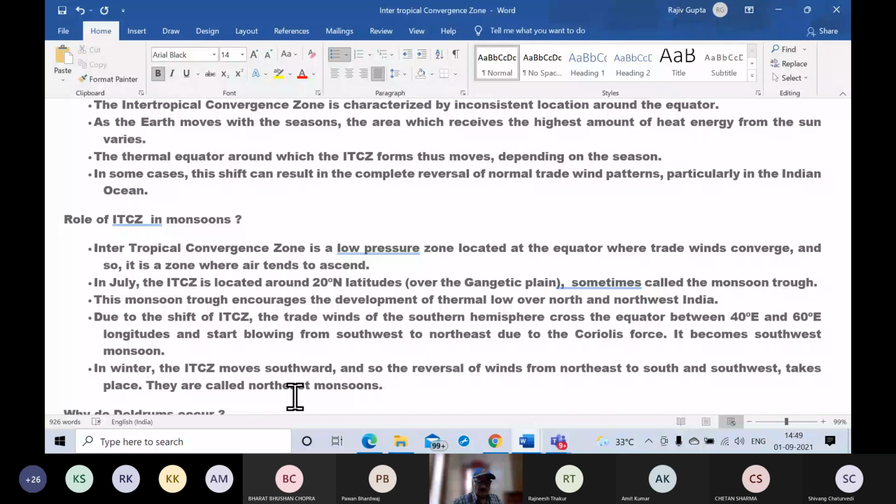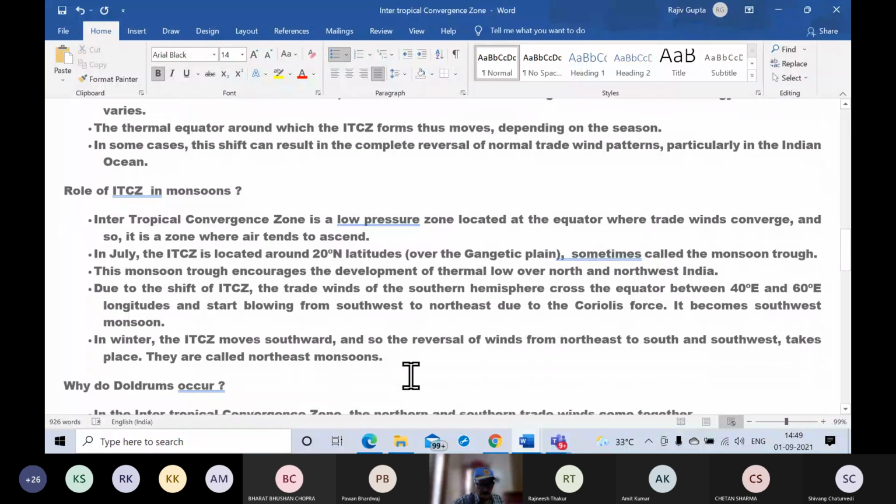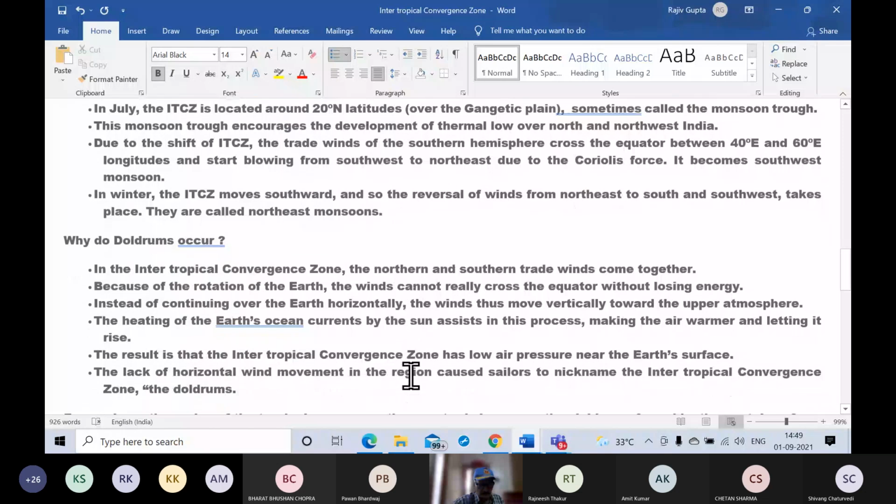Can you recall the term doldrums? Because of the convergence, the northern and southern trade winds come together in the ITCZ.